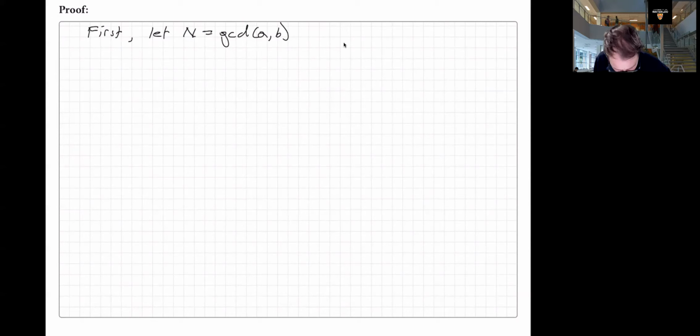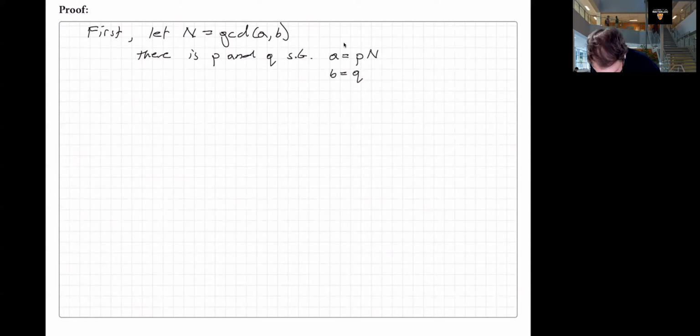It's the largest number that divides both A and B. So we know then that there is a P and Q such that A is equal to P copies of n and B is equal to Q copies of n, right?